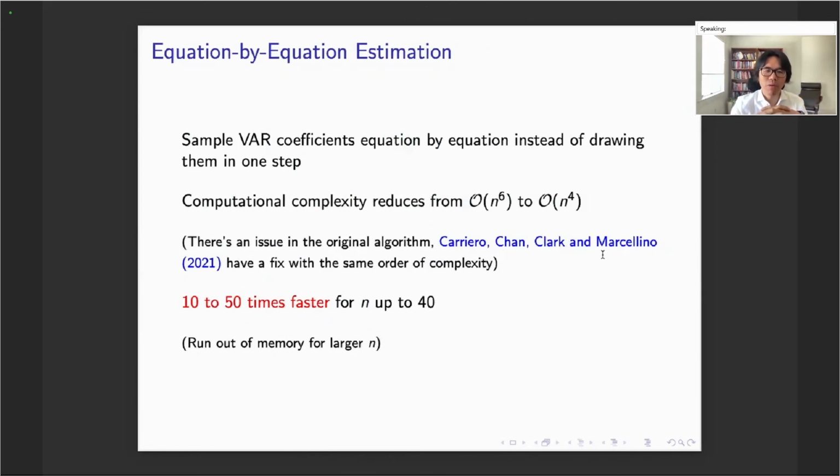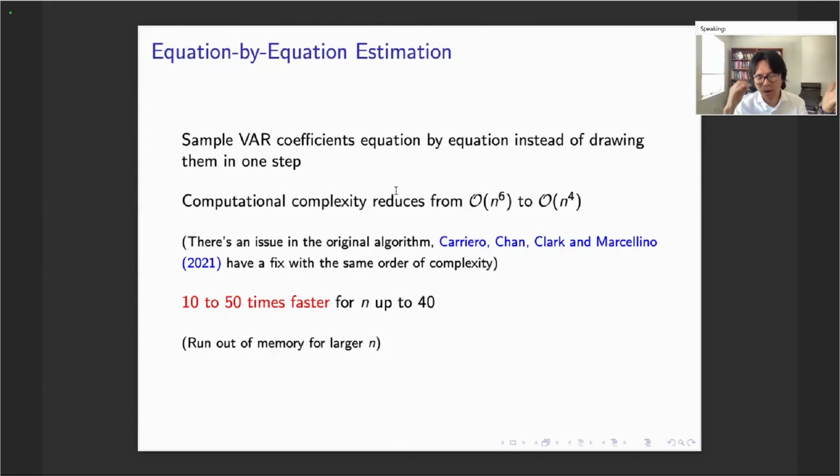The first one, probably the most significant thing to do if you estimate a large VAR, is to estimate equation by equation instead of drawing all the coefficients in one block. Basically, you can reduce the computational complexity by 2 orders of magnitude, from O(n^6) to O(n^4). The intuition is that the number of coefficients is of the order n squared.